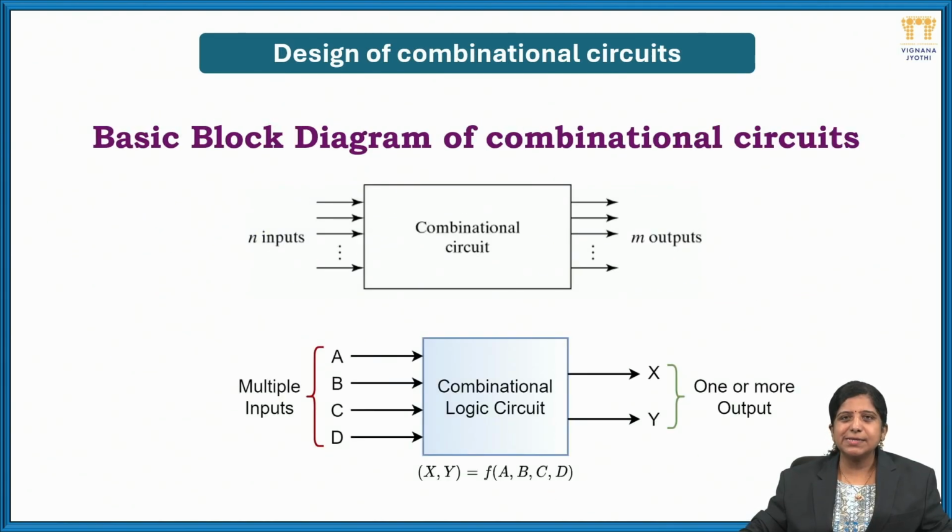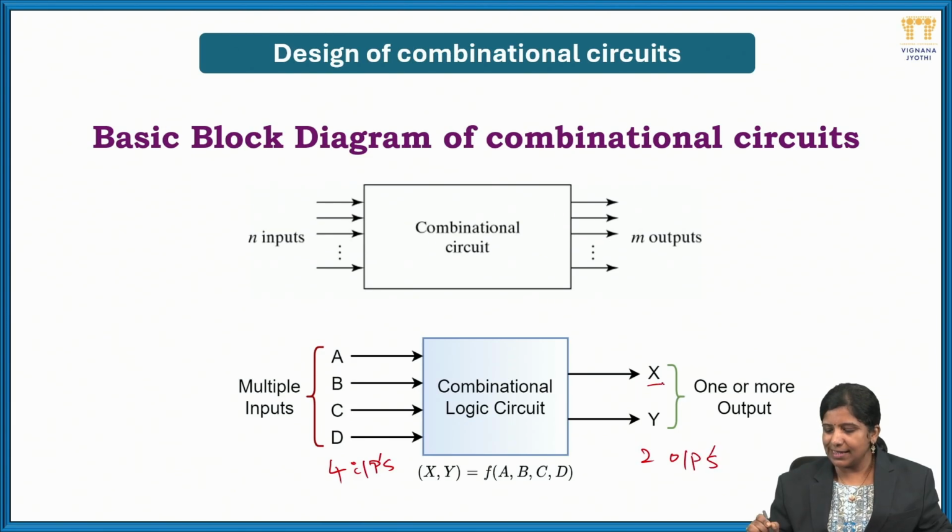Now, if you see the basic block diagram of a combinational circuit, here we have n inputs and multiple outputs. A combinational circuit, depending upon its logical function and the given inputs, generates the corresponding output. For example, in the block diagram here, it consists of 4 inputs and 2 outputs.